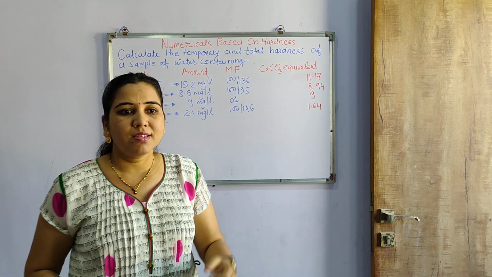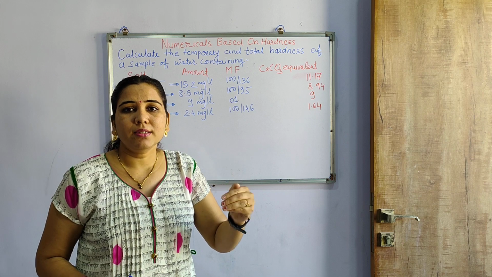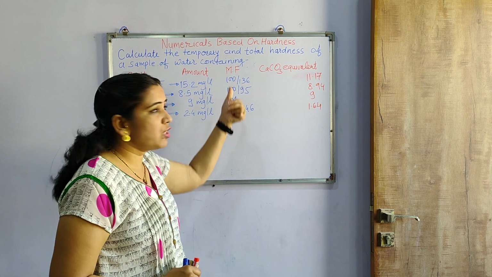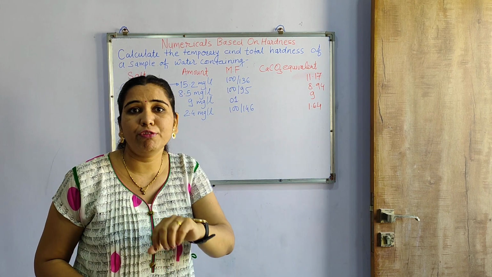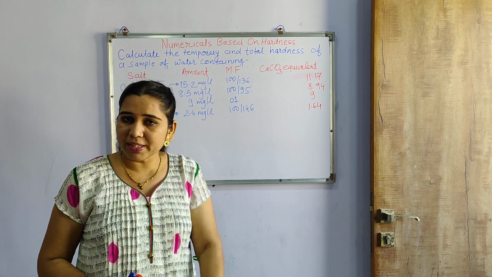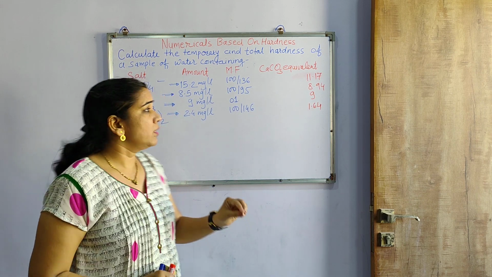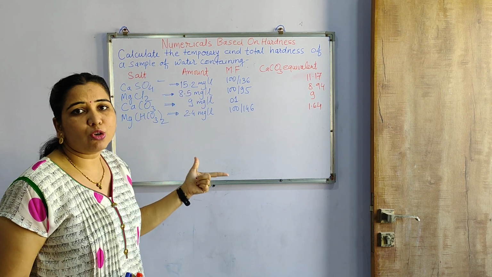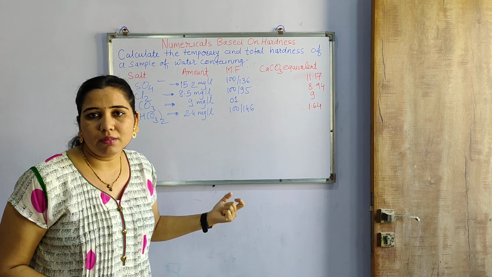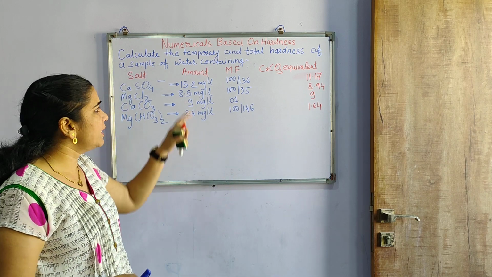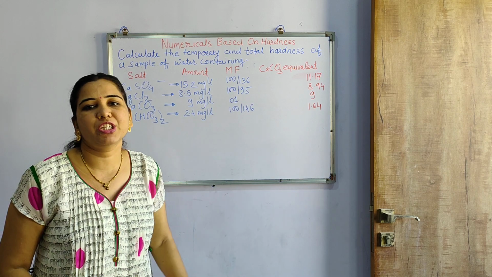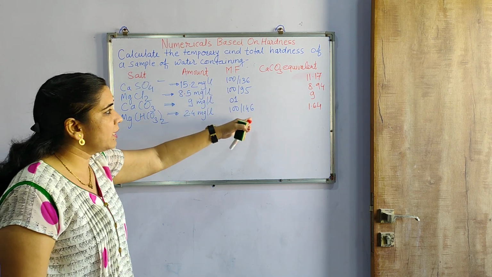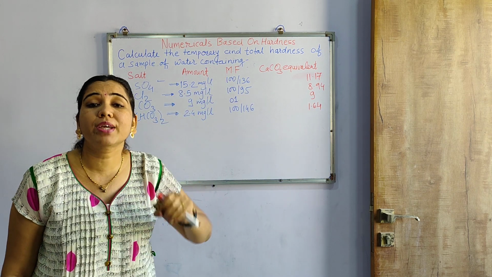It means that CaCO3 equivalent is equal to the multiplication factor of that particular salt multiplied by the amount of that particular salt present in the problem. So we just have to multiply this amount by the multiplication factor. I have already written these multiplication factors, but you have to calculate them.